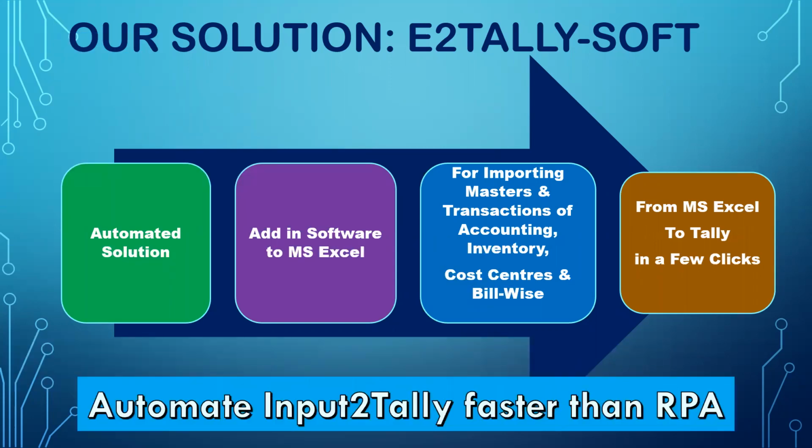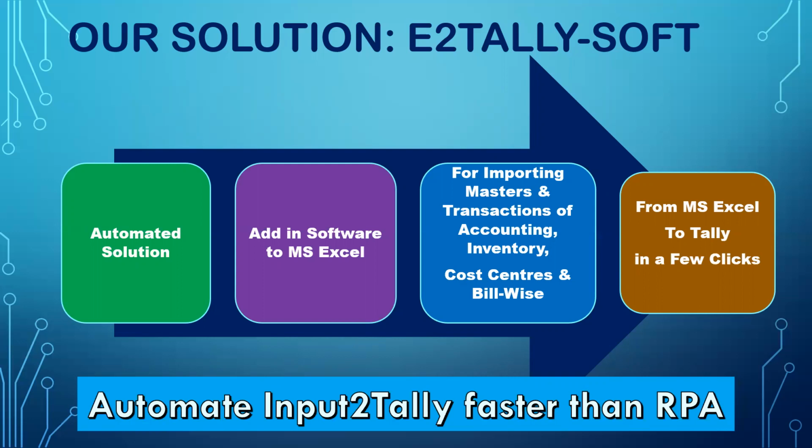There is also talk about RPA solutions which are available. RPA refers to robotic process automation. The robotic process automation software actually mimics the human process and enables you to read the transactions from Excel or a scanned voucher, and it enters the data through the software one by one.